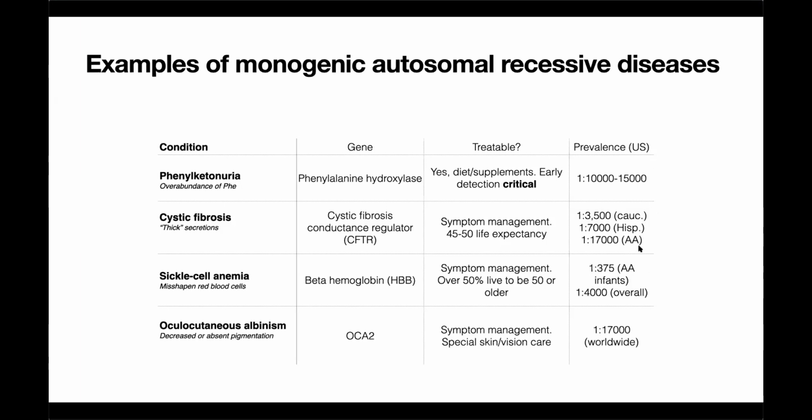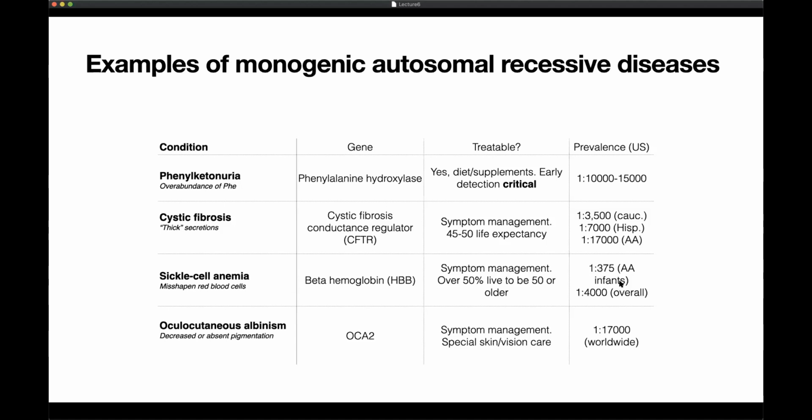And you can go and try to find the markers that are associated with it, and people have. But it's actually quite common for genetic diseases that they affect different populations differently. And that simply has to do with the fact that different populations have different histories, migration, and so on. So sickle cell anemia, beta hemoglobin, again, symptom management, over 50% live to be 50 or older.